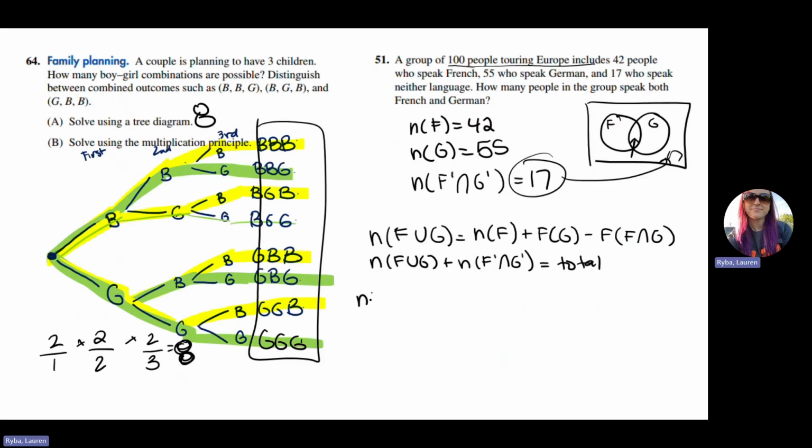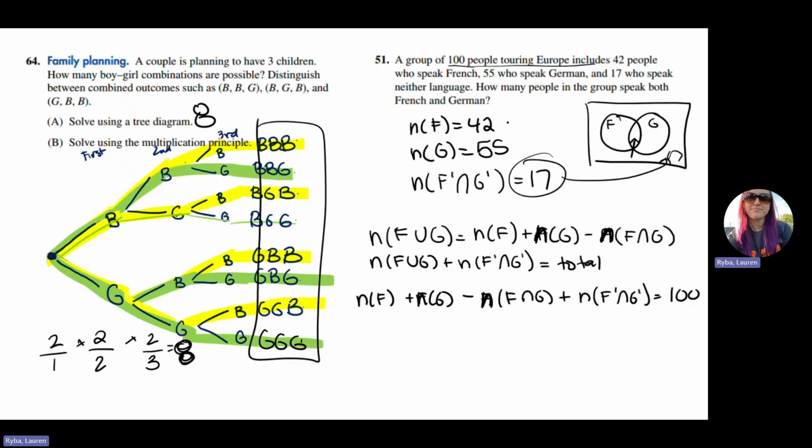Okay, so what I want is the number in F plus the number in G minus the number in the intersection, plus the number in the outside equals the total of 100. And then we're just going to solve for the one we're missing.